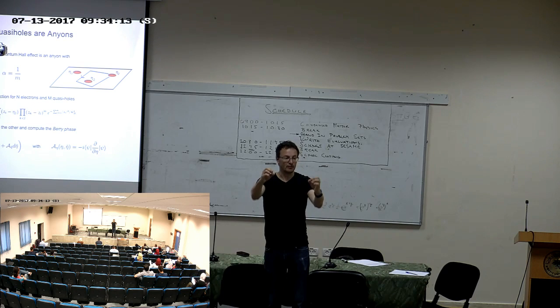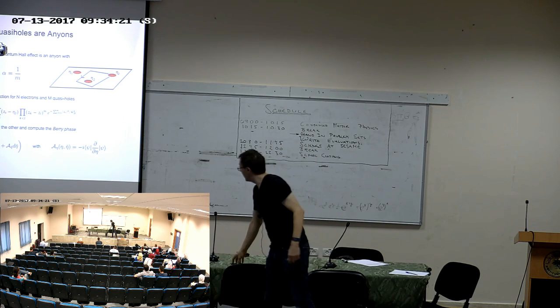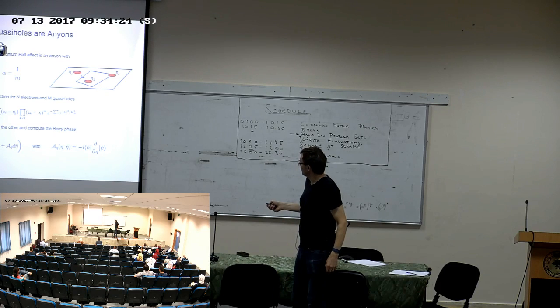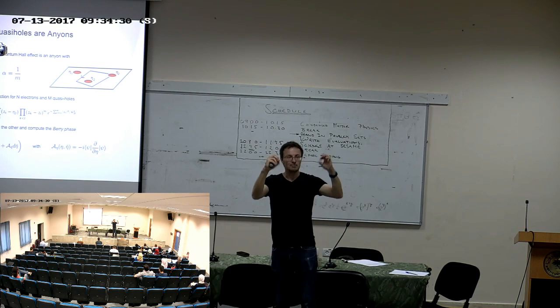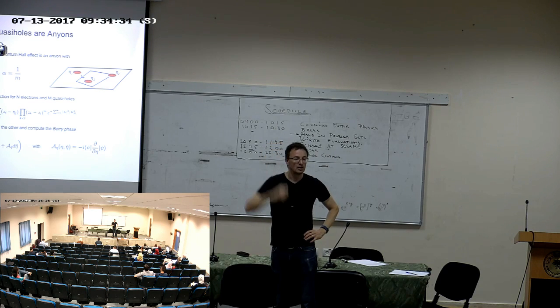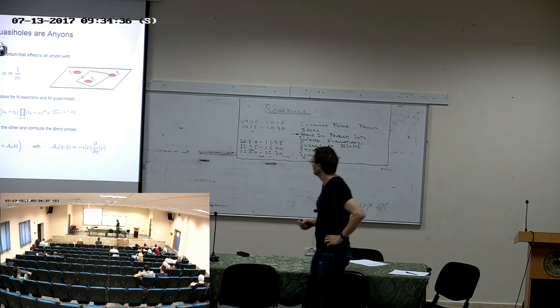So they're not fermions, but they're a fraction of a fermion. That means in particular if you take two of these quasi-holes and you exchange them, you don't pick up a -1 or a +1, you pick up a phase, e to the i alpha, where it turns out that alpha is 1 over m, where 1 over m is the same as the filling fraction, or the thing that labels the plateau.